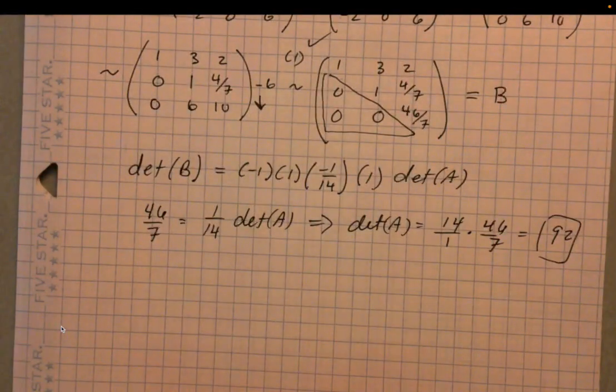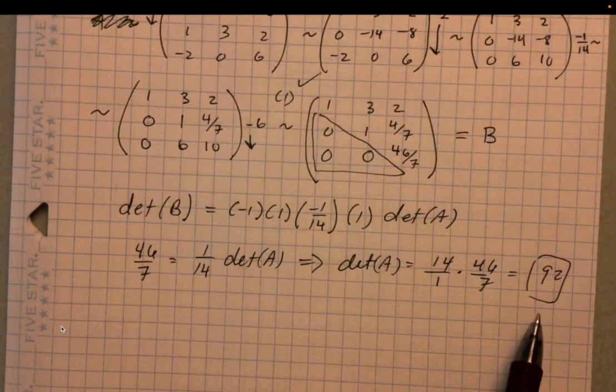Okay, so I've calculated the determinant of this 3 by 3 using this method. Right now, in the case of a 3 by 3, it's questionable whether this is faster. But in the case of a 4 by 4, there's no question that this is faster. So there's no question that using this approach, just row reducing till you have an upper triangular matrix, if you can do that, you can do it relatively quickly. It's much, much quicker. Right?